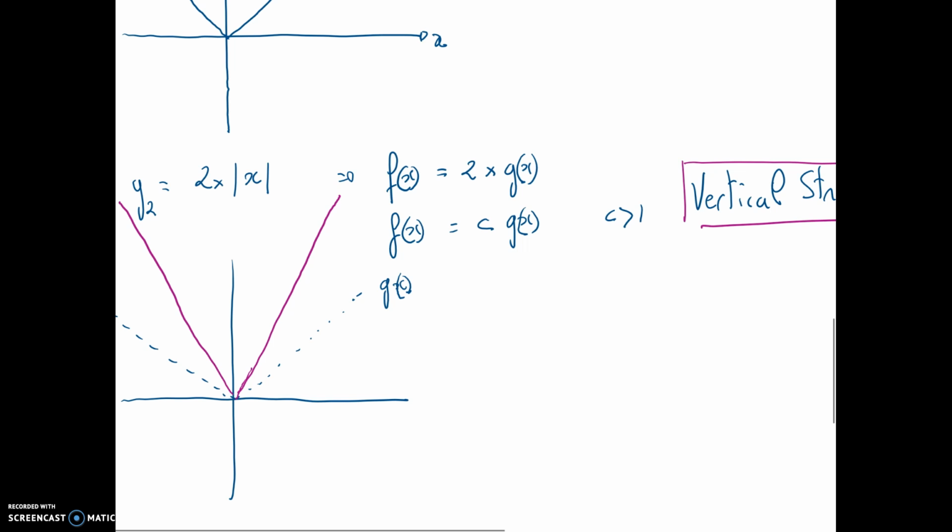Now, if I want to do y3, that was absolute value of x. We end up to have, all right, this color.